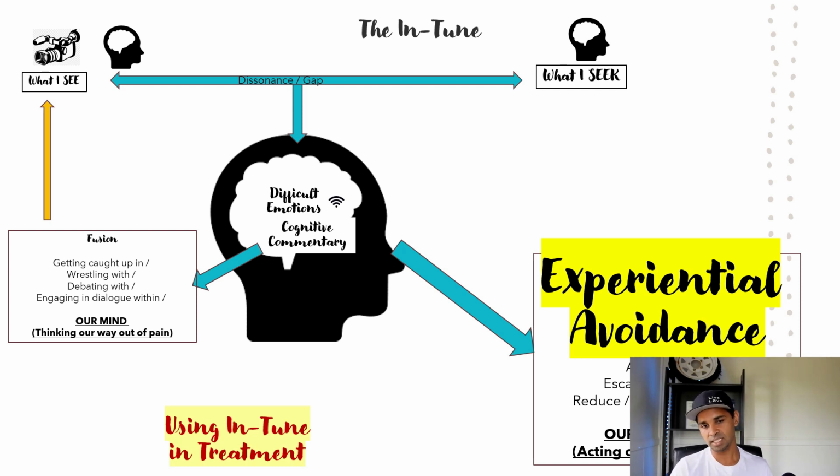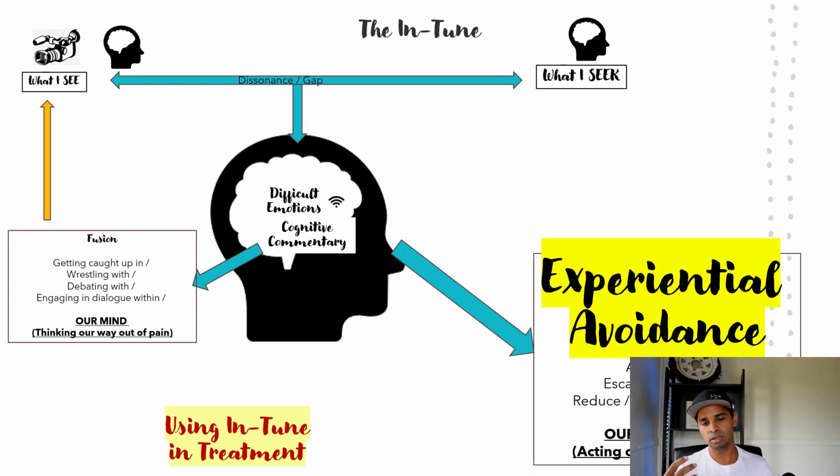And on this last level, the experiential avoidance side, we are looking at how to help clients become aware of the pattern of their behaviors and the function of those behaviors. A lot of the time, experiential avoidance, like I've said, is seen as a solution to overwhelming emotions. In other words, we try to escape the feelings we don't want.